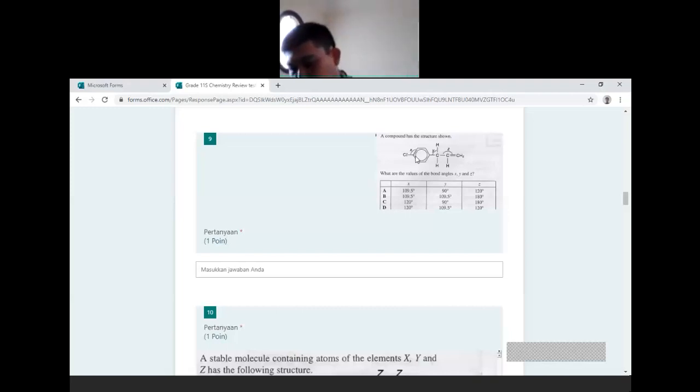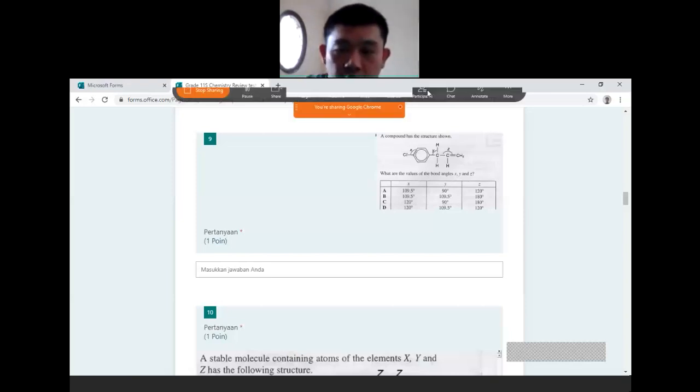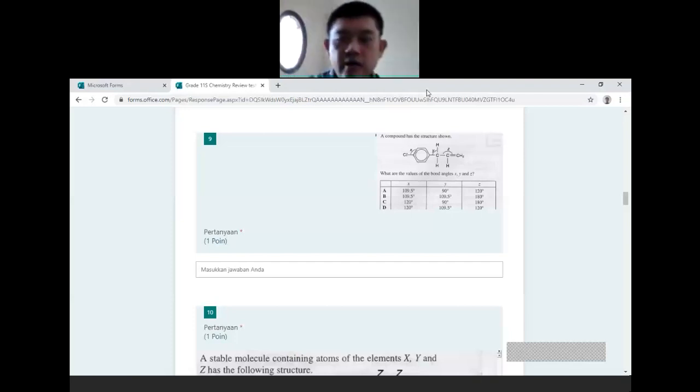The four electrons of the carbon atom are occupied with the other atoms. So the carbon atom here in the central has two single covalent bonds and one double covalent bond. So the bond angle in here is 120 degrees with the shape of trigonal planar.